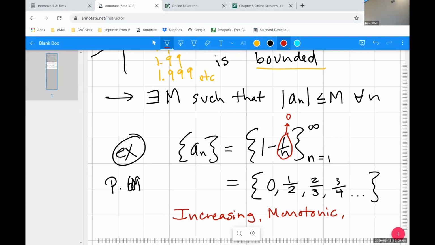So any sequence which is increasing, decreasing, non-increasing, non-decreasing, those are all monotonic. Okay, so we have a monotonic increasing sequence. Anything else we can say about it?